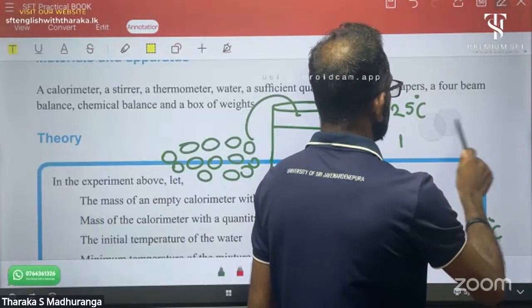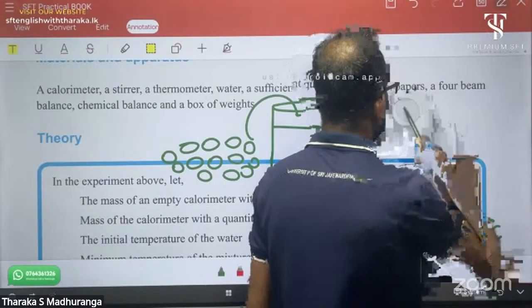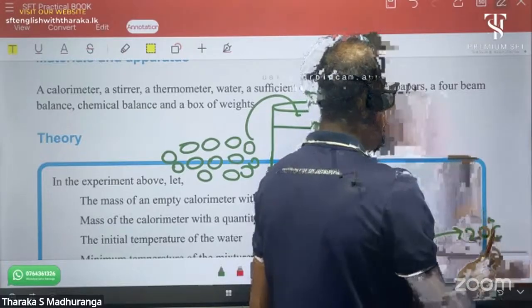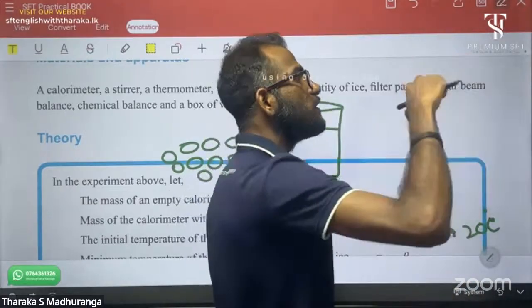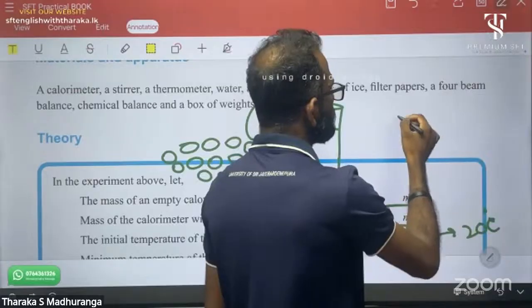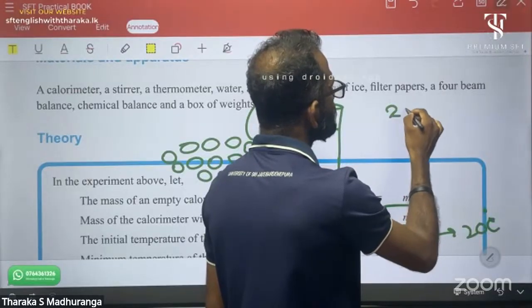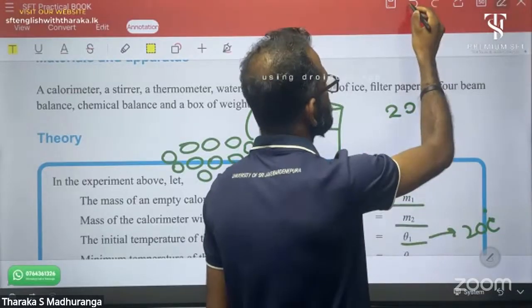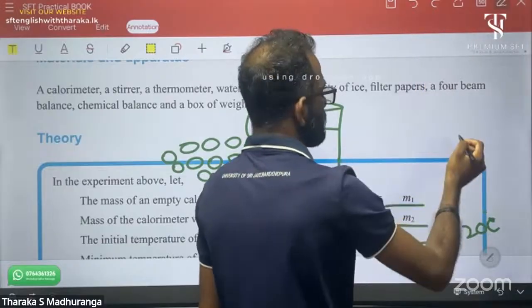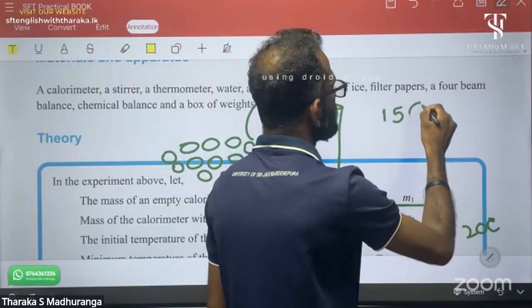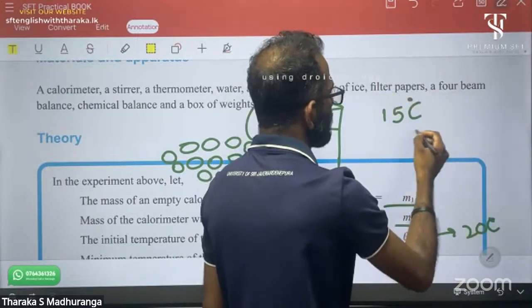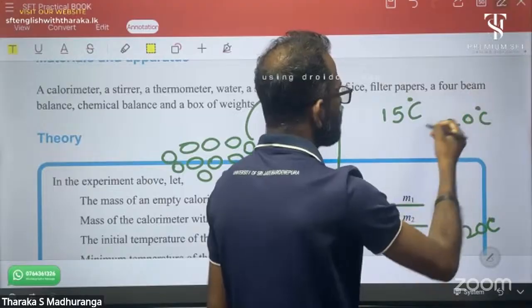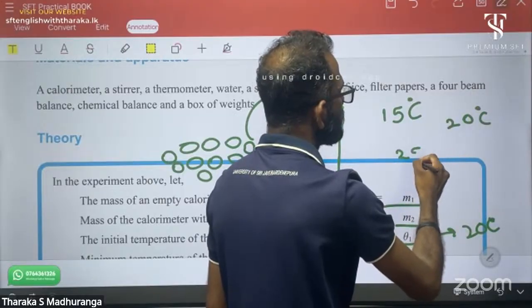Okay, how did we do it in the previous experiment? In the previous experiment, the initial temperature was 20. There we add a heated one. Therefore, we have to drop the temperature up to 15 Celsius, add lead shot, and increase up to 25 Celsius.